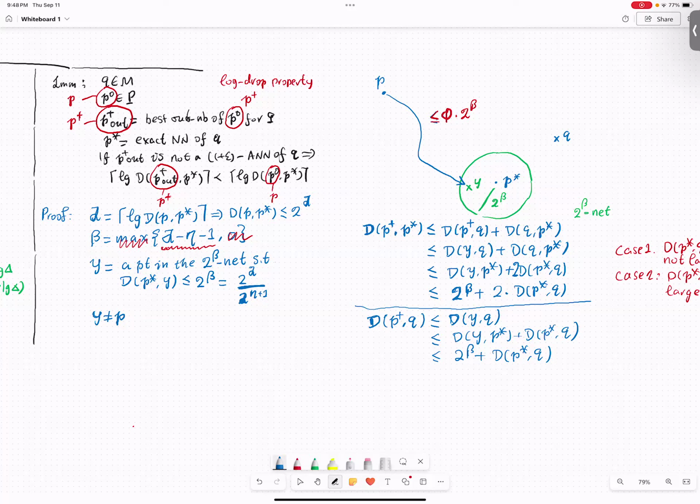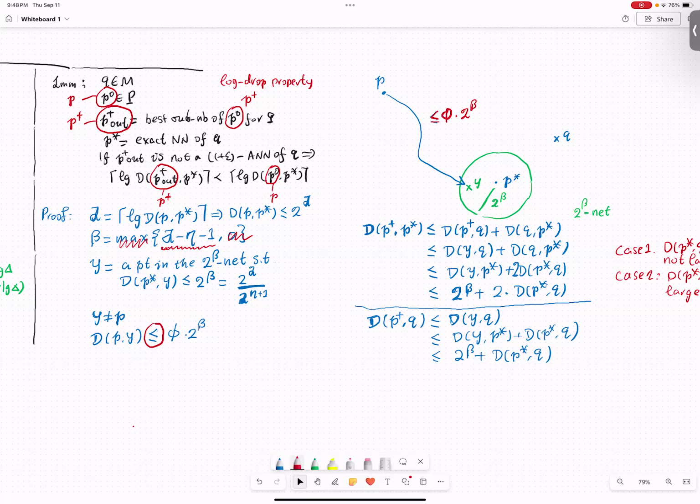You want to argue that the distance between P and Y is at most phi times 2 to the power of beta. Because this is how we construct the proximity graph, and if this is true, then by our construction, P must have an out edge to Y. So this is something we would like to have.